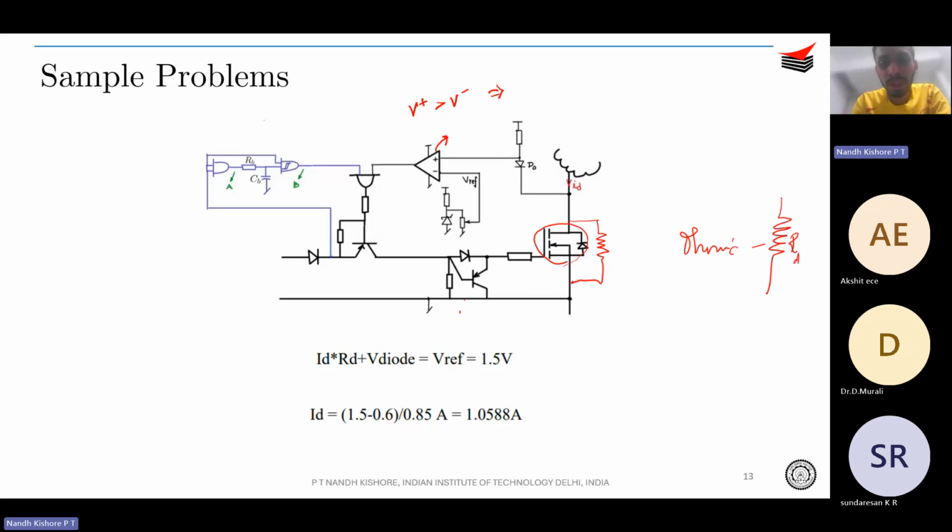And in that case, what would be the voltage over here? The voltage over here would be VD naught plus IDRD. So VD naught plus IDRD would be V plus, and that should be more than Vref, correct? So VD naught plus IDRD minus Vref should be more than or equal to 0.